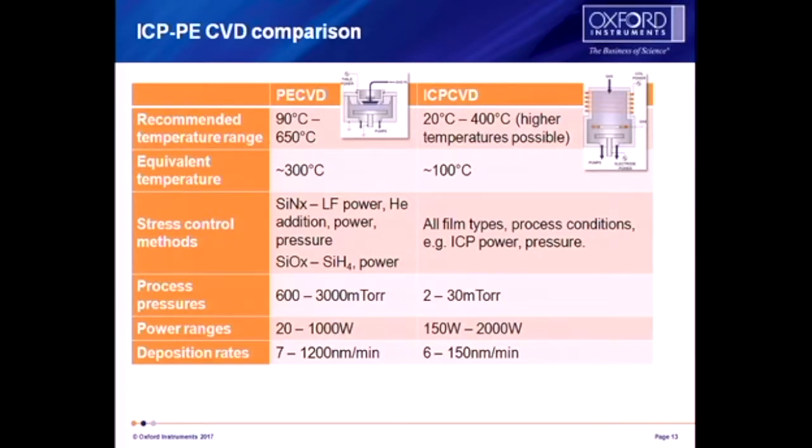A process at 300 degrees PECVD is the equivalent of 100 degrees ICP CVD. You can control the stress of both methods, and they're just process parameters. One thing, though, is with PECVD, you do get much higher rates than with ICP CVD. So it's important to tailor which one you use to your application.